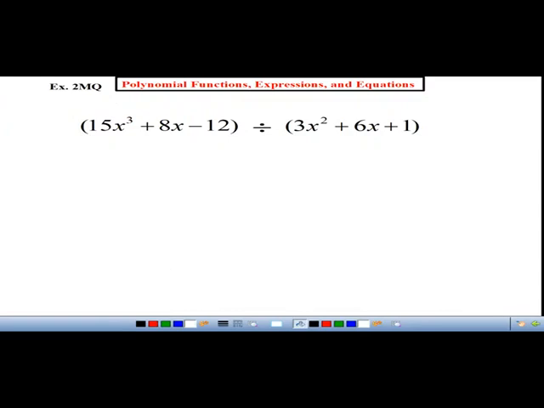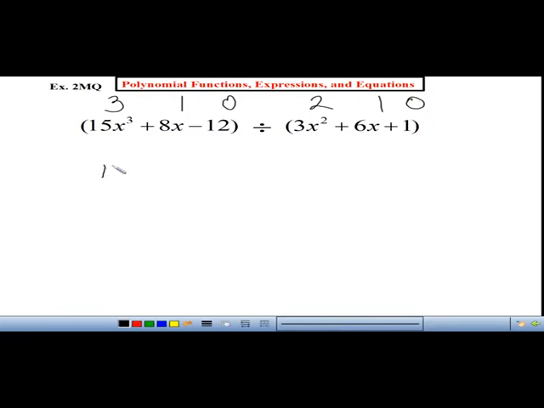Okay, so what powers do we have? You have the third, the first, and 0. How about over here? You have second, the first, and 0. Okay, so our dividend. Tell me what to write for my dividend.